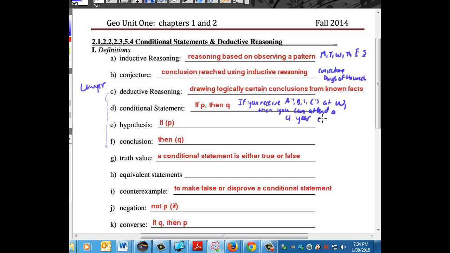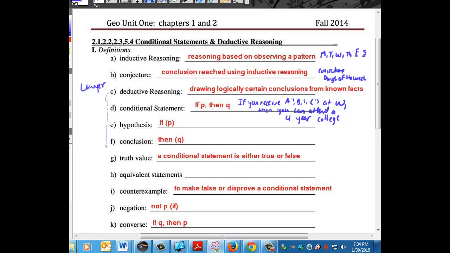Now, generally speaking, this is true. If you receive all A's, B's, and C's at Westview, then you are qualified to attend a four-year college.